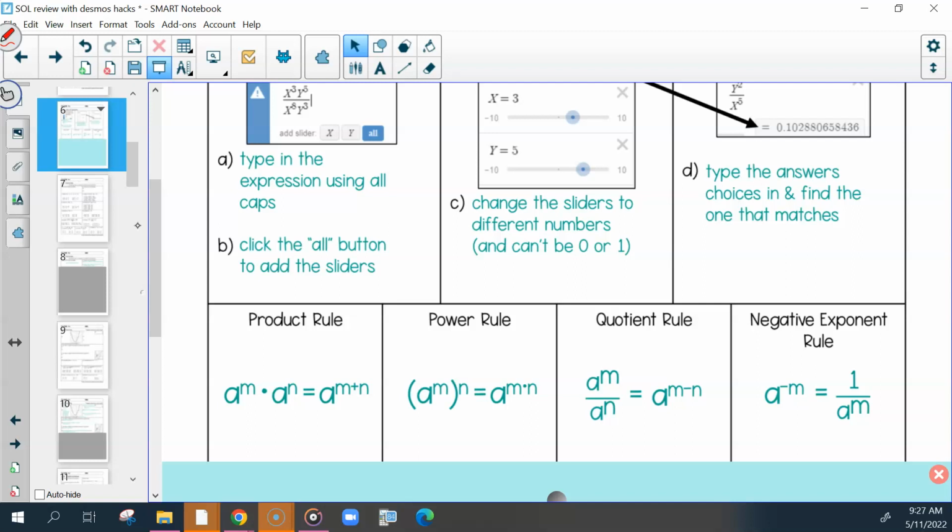Quotient rule is a to the m over a to the n equals a to the m minus n. Are the m's and n's supposed to represent exponents? Yes. And then your negative exponent rule, a to the negative m equals 1 over a to the m. I think I used x to the a when I wrote mine, but it's the same thing.